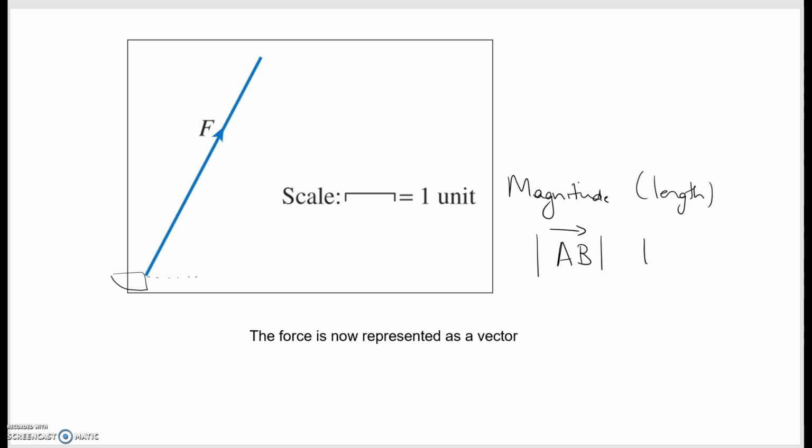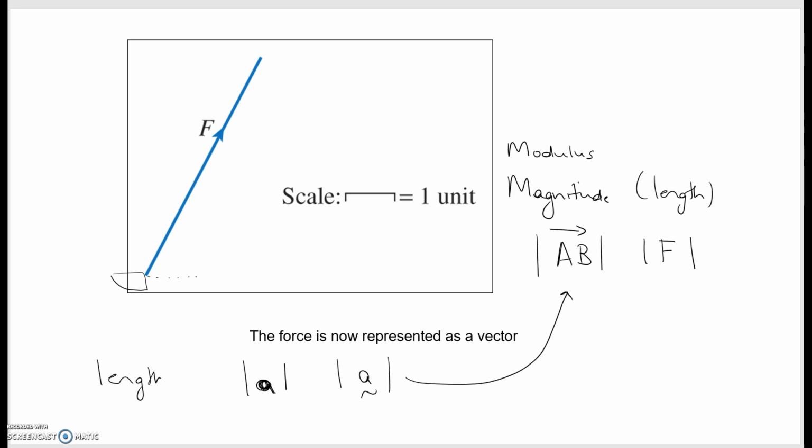Or in this case, it might be the vector called F. We also talk about this as the modulus, and we could write that as also maybe that, where that's bold, or that with a little squiggle underneath, or that. So these are all ways we can write the length of the vector.